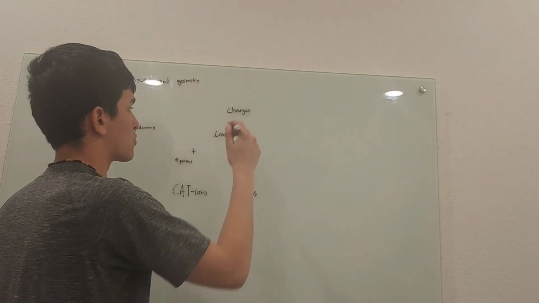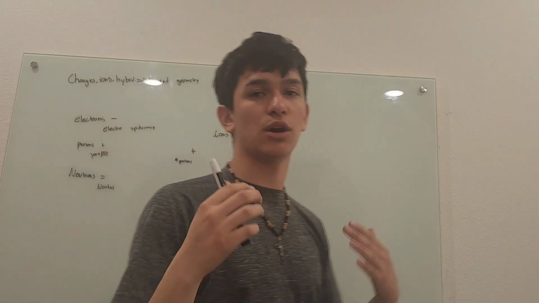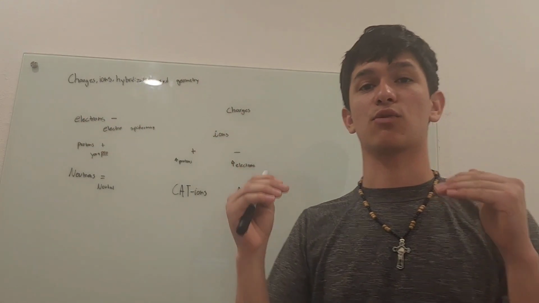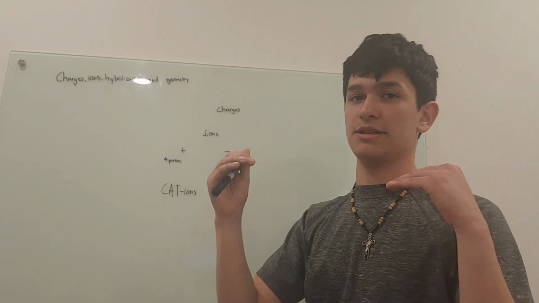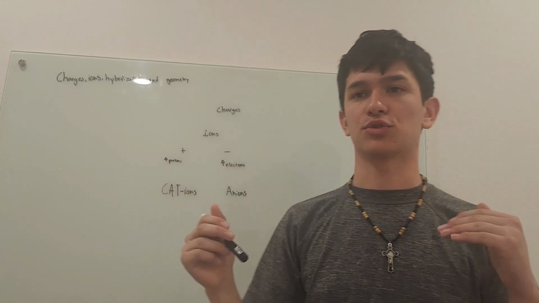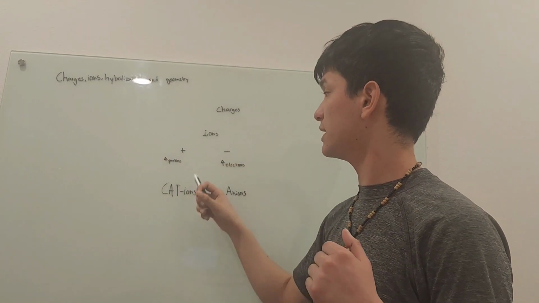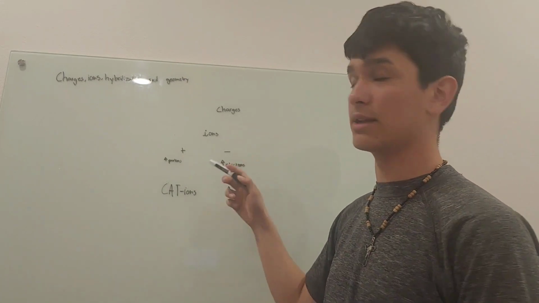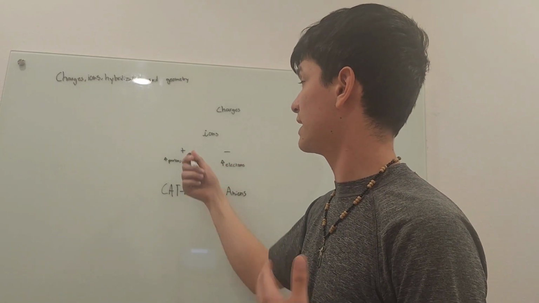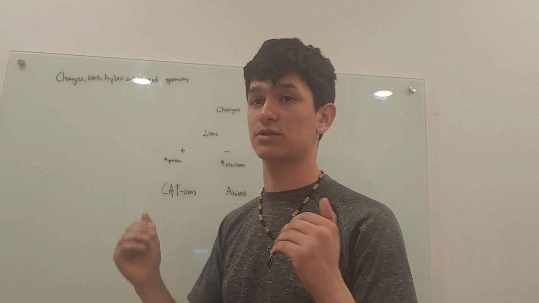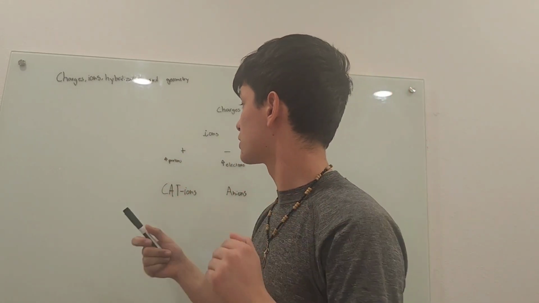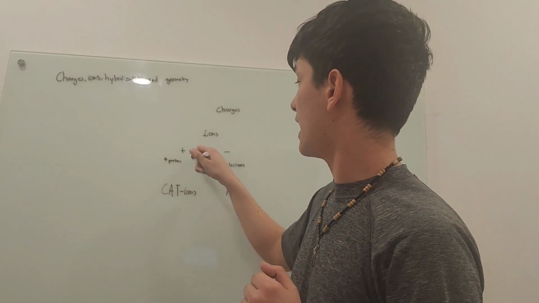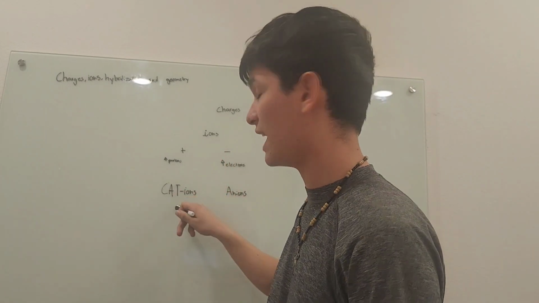So charges represent when something doesn't have an equal number of protons and electrons. Whenever an element has a positive sign, it means it has more protons than electrons, which means it's missing electrons. So positive ions are called cations.